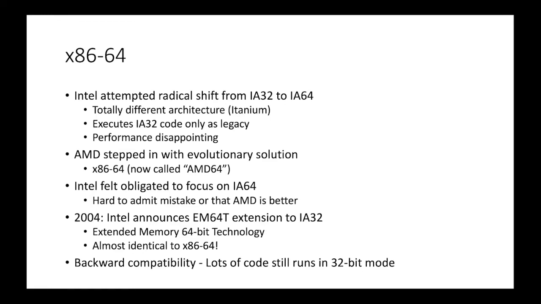Intel felt obligated to focus on the failing Itanium project because it was hard to admit their mistake or that AMD was better. In 2004, Intel announced the EM64T extension to Intel Architecture 32, which is almost identical to the x86-64 that AMD proposed.